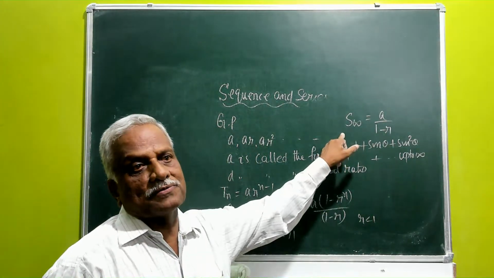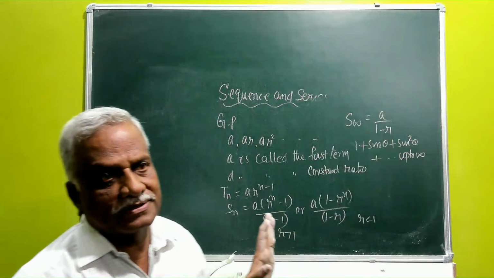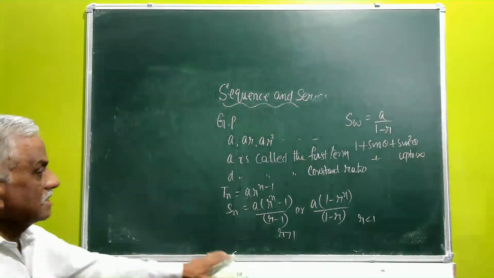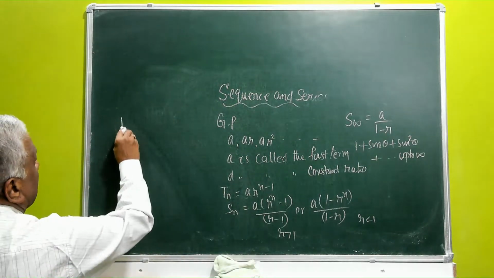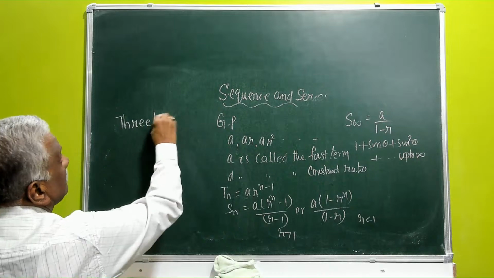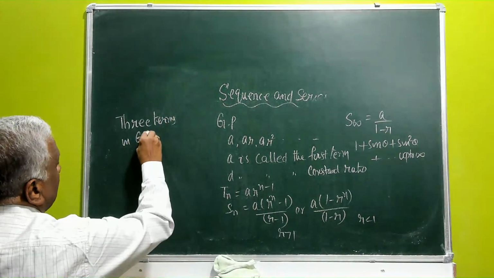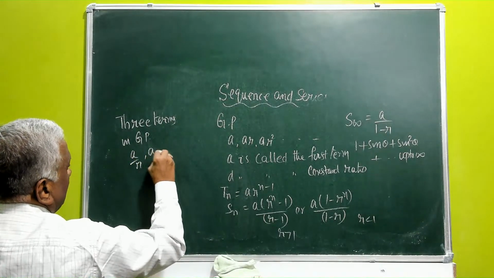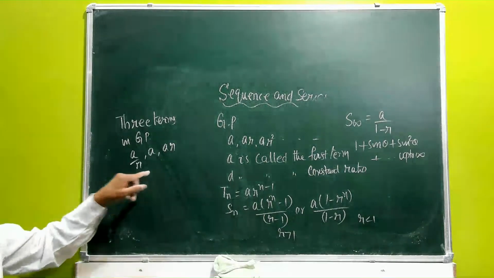For that we made use of this S infinity, where A is the first term, over 1 minus R. So if you know this much, plus just as in AP, you can remember 3 terms in GP: A by R, A and AR.